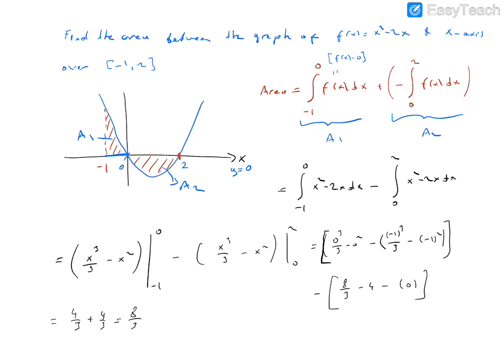In the second area, y equals 0 is bigger than x squared minus 2x. So this area from 0 to 2 is the integral of 0 minus f of x dx. You can consider this minus comes from here, because the x-axis is above the f of x function. This is another viewpoint of this fact.